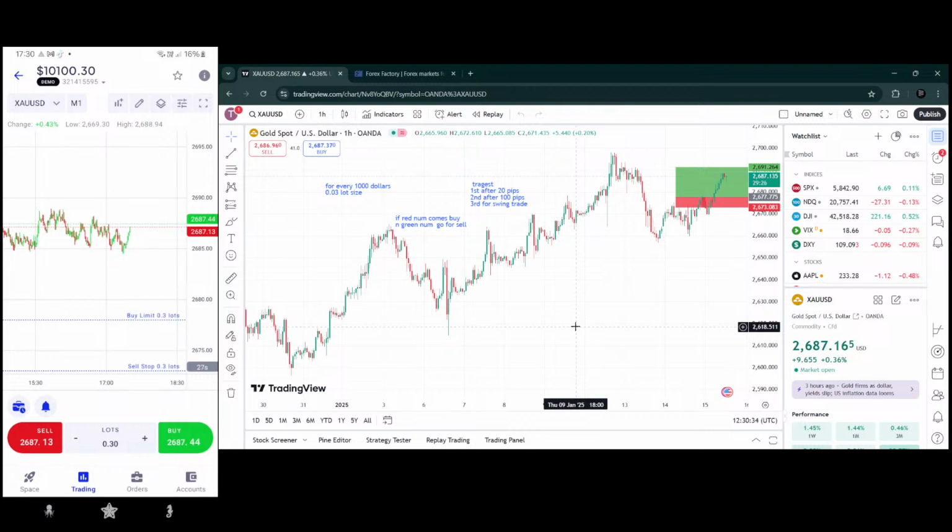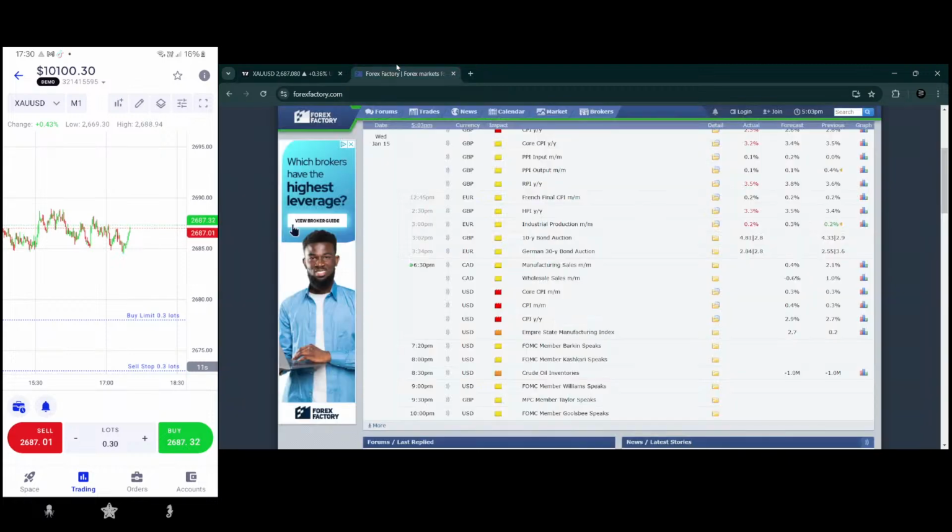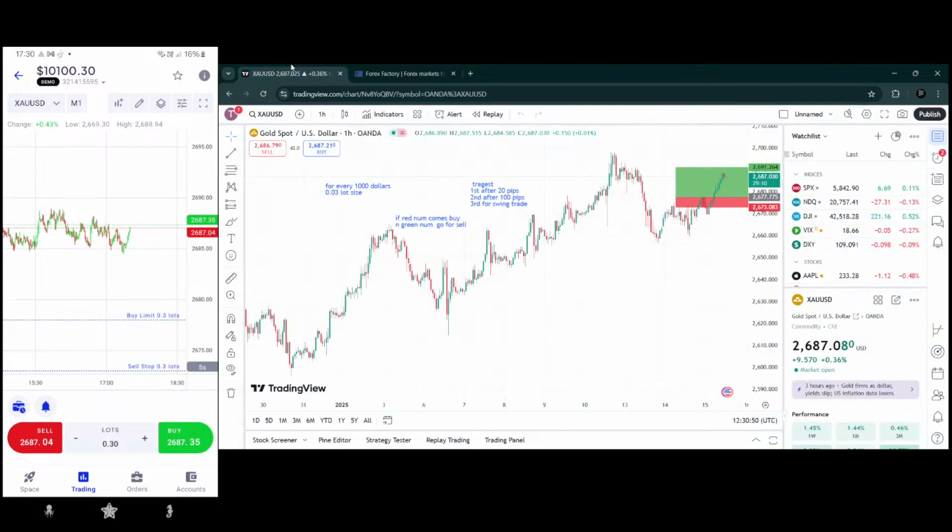So we'll see when the news comes whether our entry will be done or not. Almost 1 hour is left. Three big news are coming and market will be volatile. So be careful also.